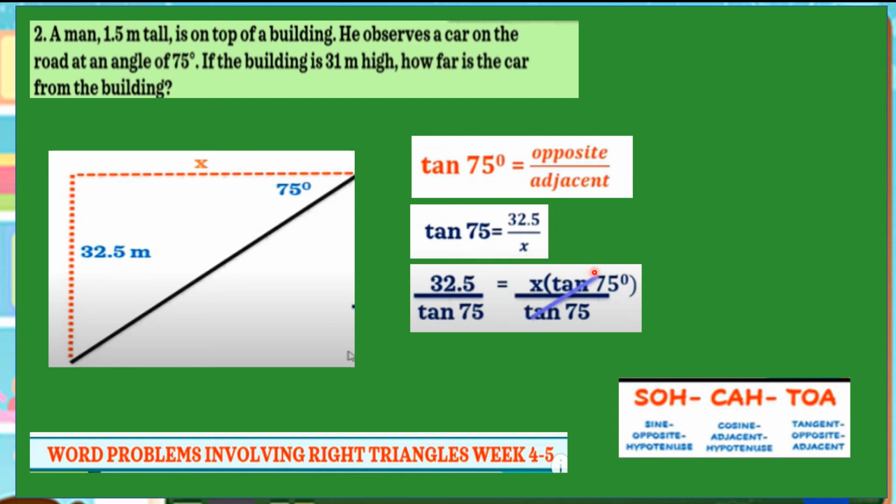Then, divide both sides of the equation by tangent 75 degrees. So, dito, cancel. So, x is equal to 32.5 divided by tangent 75. The answer is 8.1 meters is equal to x.